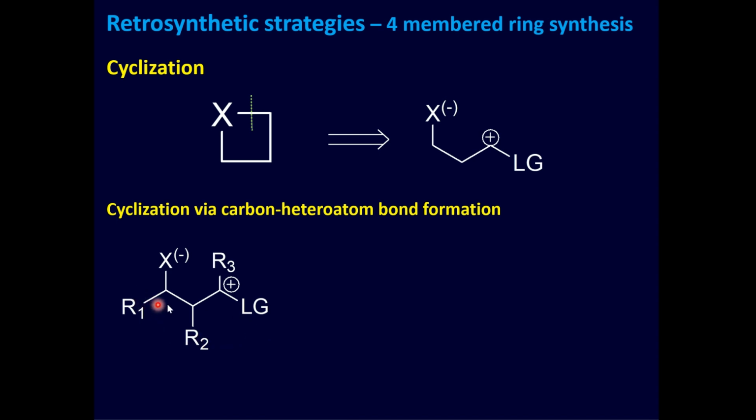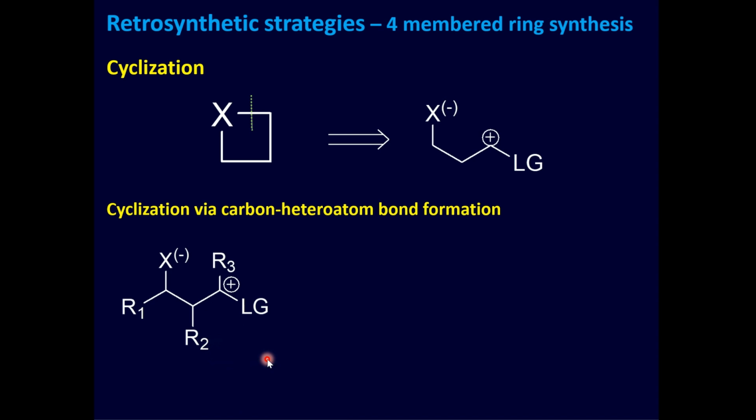I'll take a molecule which has a carbon and a heteroatom with electron richness, and a leaving group attached to the third carbon, so that this leaving group, also an electron withdrawing group, renders this carbon positive.